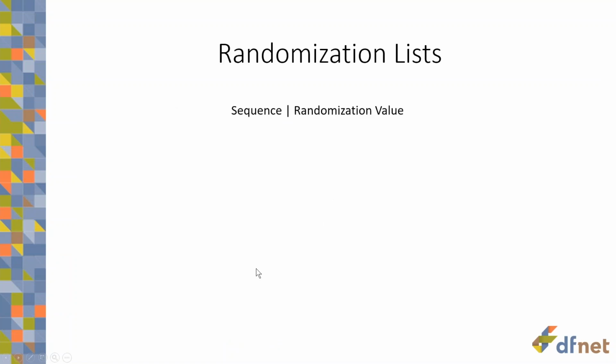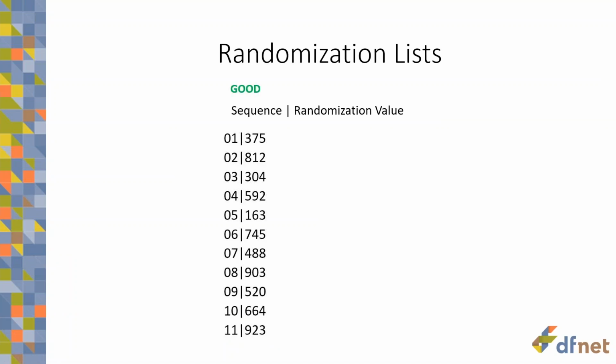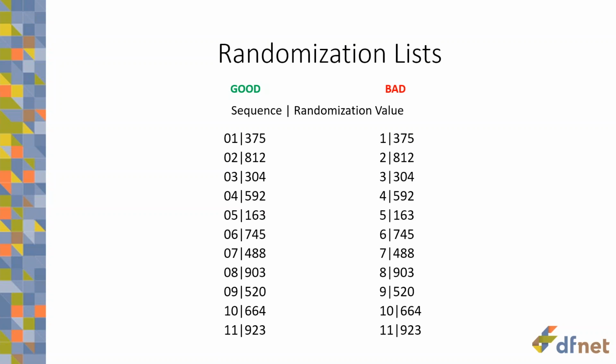Randomization list. So its basic format is a sequence and pipe delimited to a randomization value. So a good example of this is the sequence value on the left. It's numerically chronological, and each randomization value is unique. A bad example is not putting zeros in front of the sequence values.